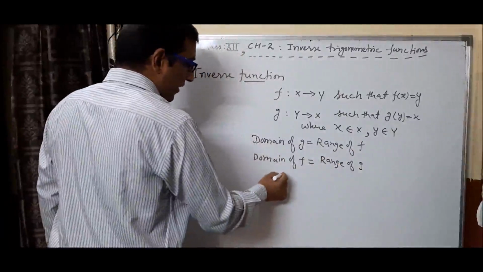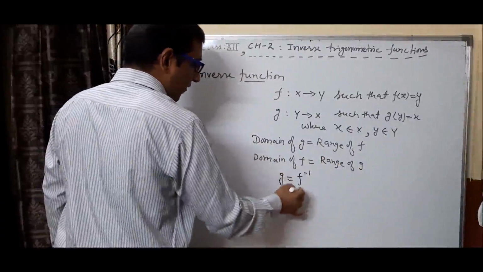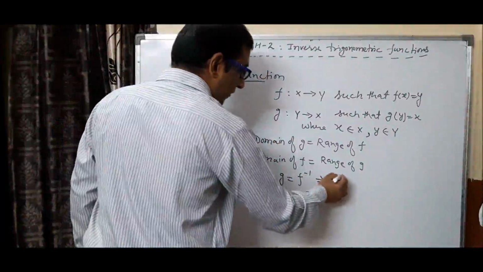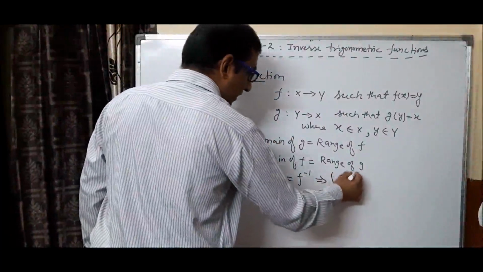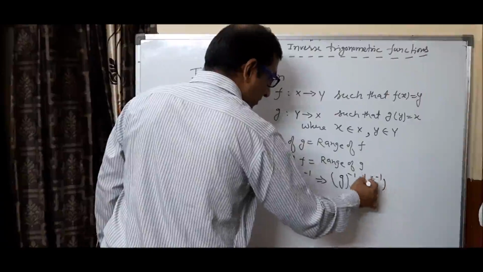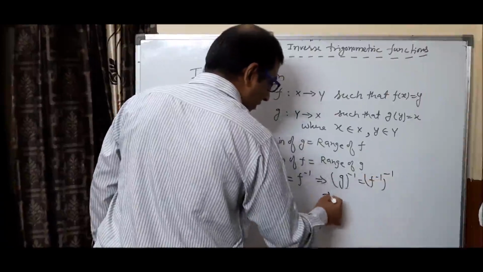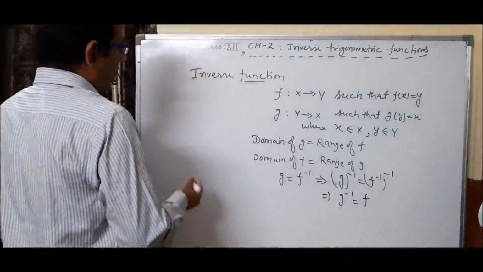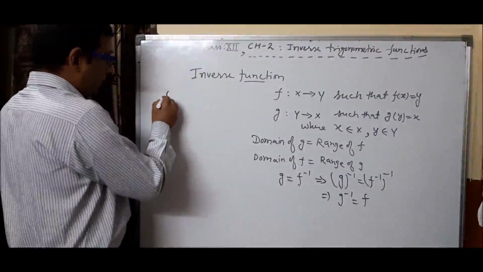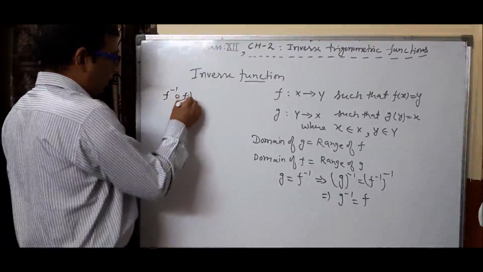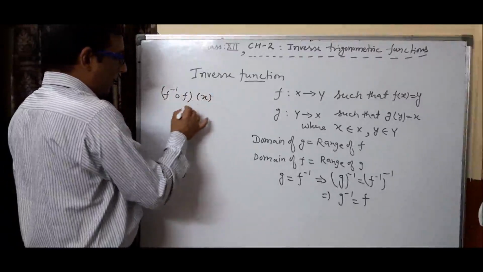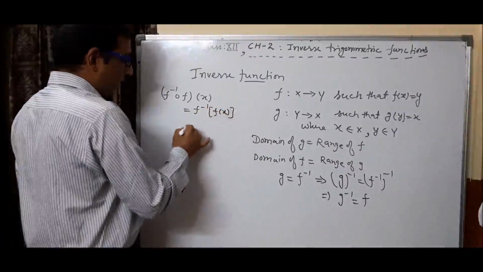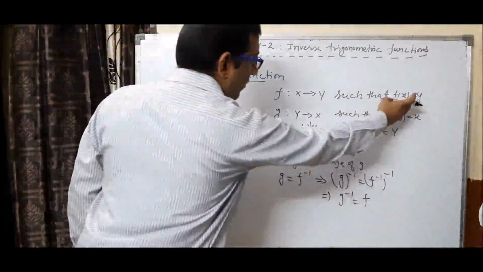It means g is the inverse of f, and we can say g is also one-one and onto. It means if we are taking the inverse of g, it is f. So we can write f⁻¹(f(x)), and the value of f(x) is y.